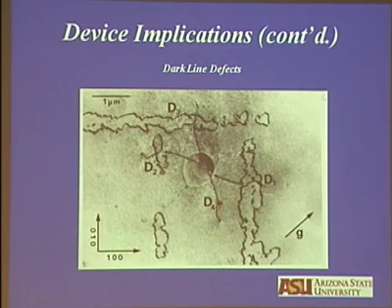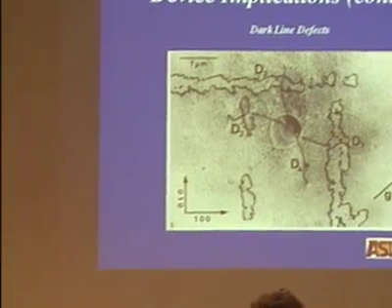How do they evolve? We had argued, and other people had argued, and it's a tongue twister, non-radiative recombination enhanced glide and climb. When electron-hole pairs combine very close to the dislocation, it doesn't emit a light photon.